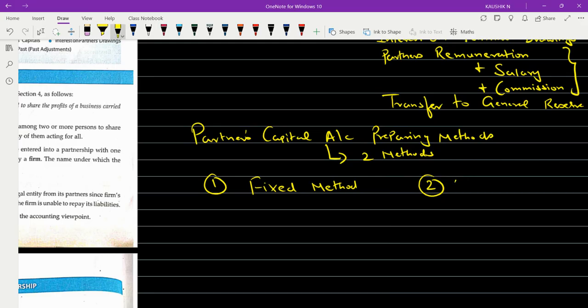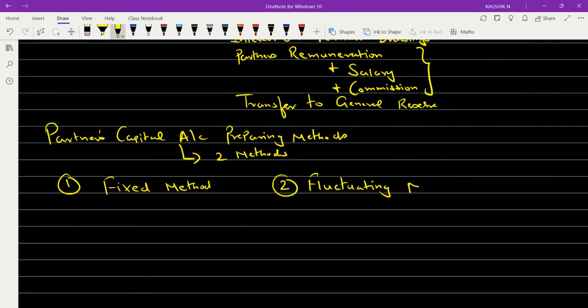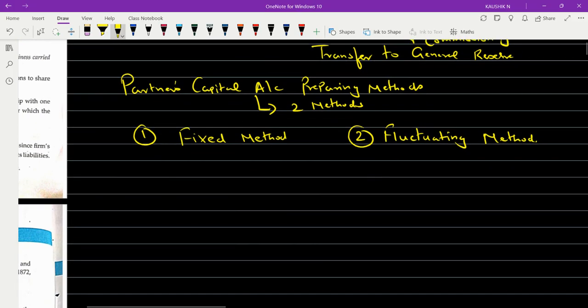There are two methods: one is the fixed method and the other is the fluctuating method. So how many methods are there in preparing partners capital? Two methods. Now let's go into detail on what we are going to do under this.